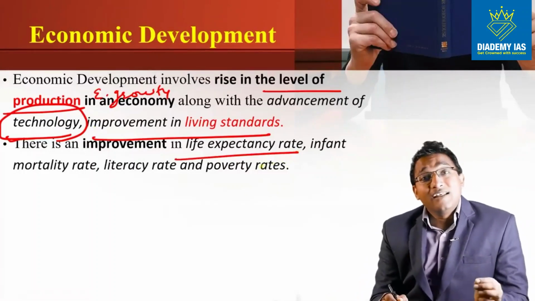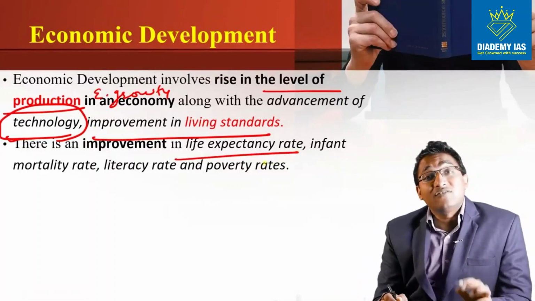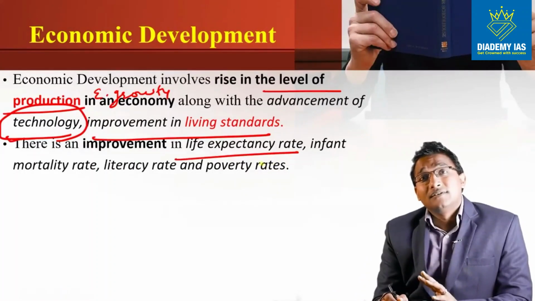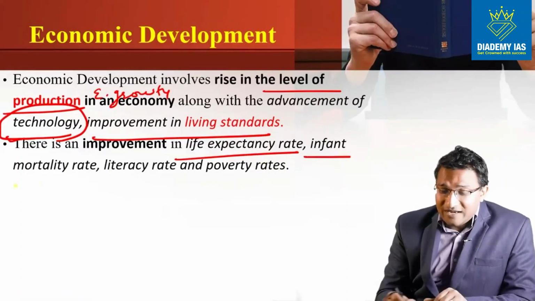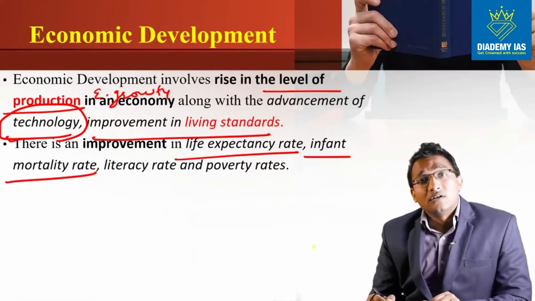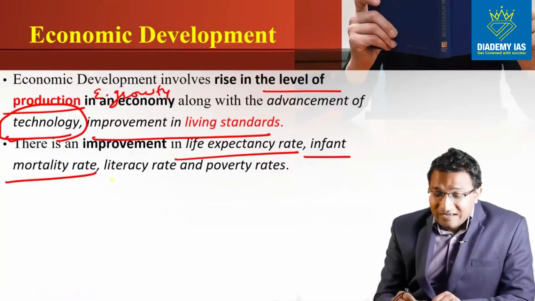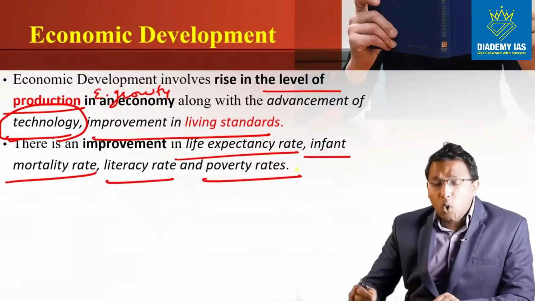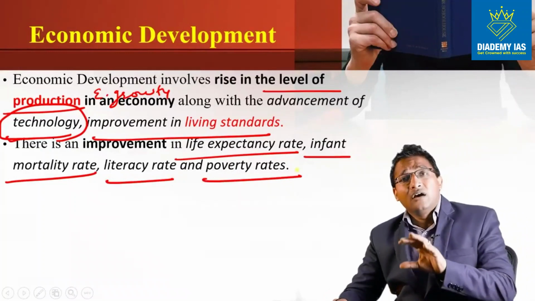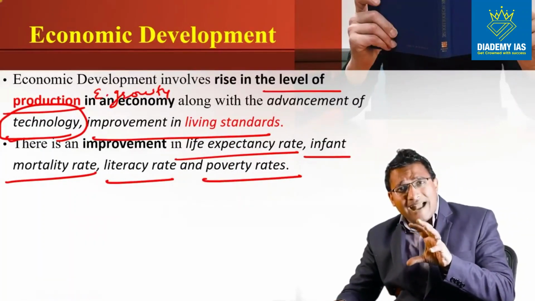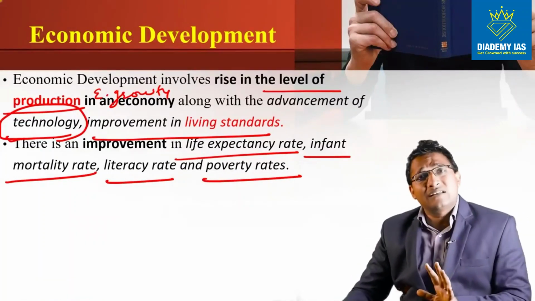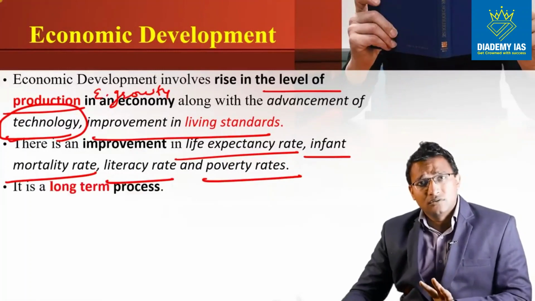Earlier the people used to live for an average of 35 years. Now their life expectancy is more than 65 years. Infant mortality rate, IMR, the number of children who will survive for more than 1 year. Literacy rate, poverty rate, all of them will improve. So it will actually show that every parameter is increasing, not just the economic growth.